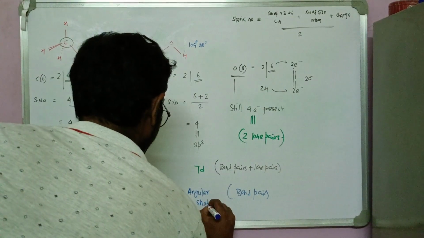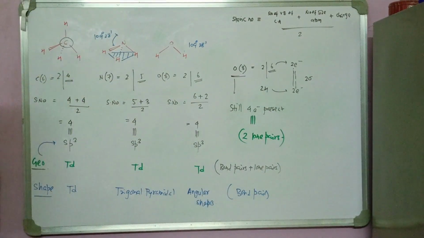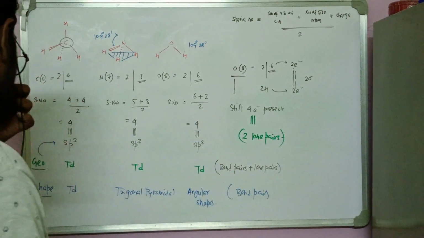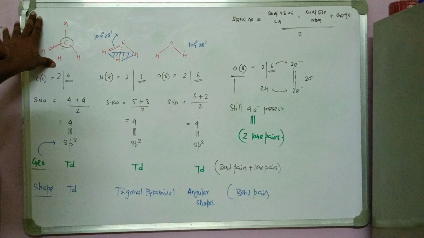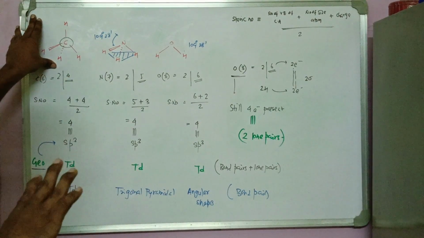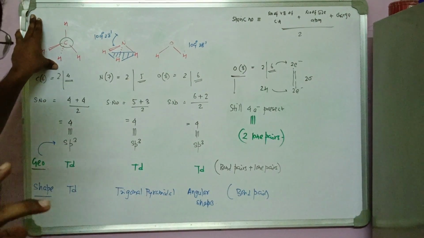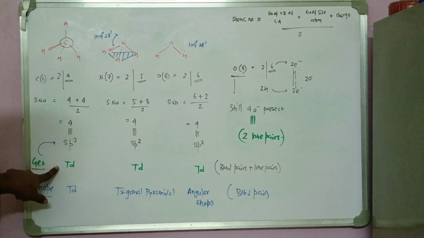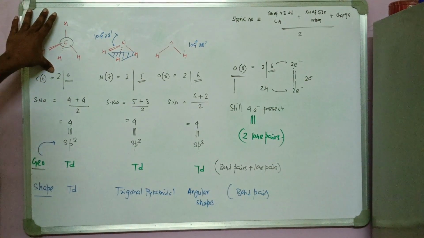So shape varies, but the geometry is the same because geometry only depends upon the hybridization, but shape depends on the bond pair orientation. So the shape and geometry will be the same if all the valence electrons are participating in hybridization, because in that case we will have all bond pairs in the geometry.